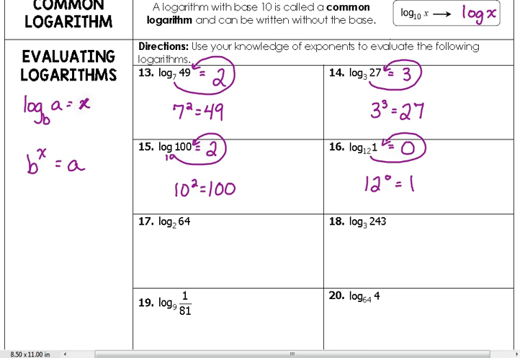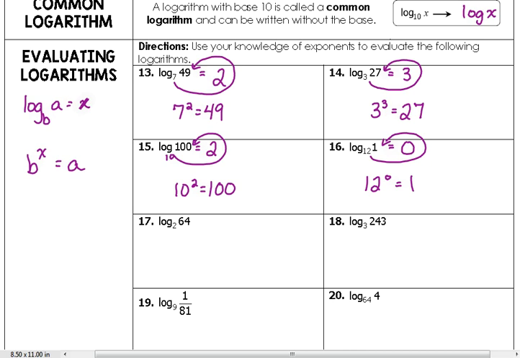So we also need to tuck back into our mind that anytime we see a log of 1, that answer is going to be 0. Any log, doesn't matter what the base is, a log of 1, the answer is 0 because that base to the 0 power is 1.